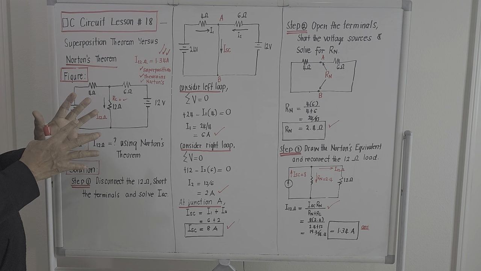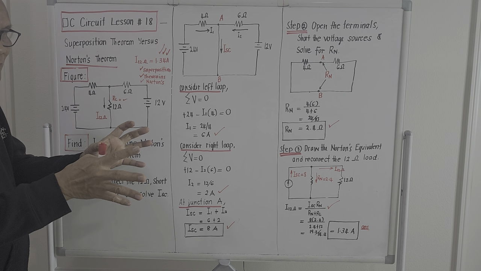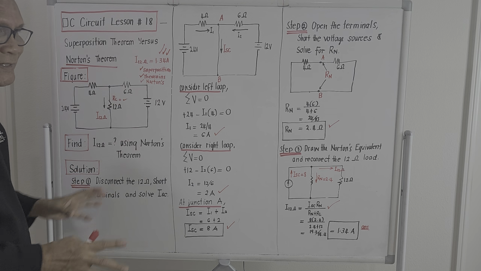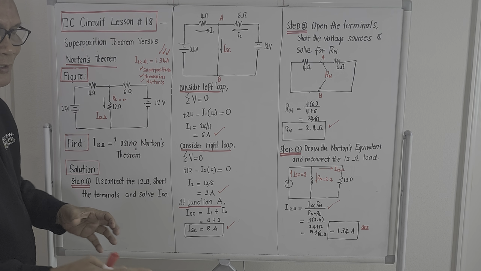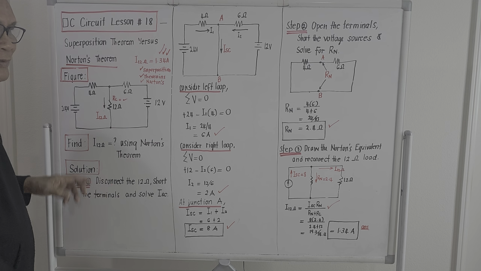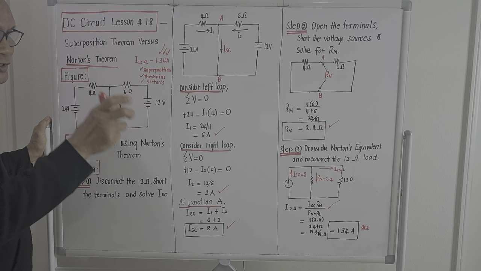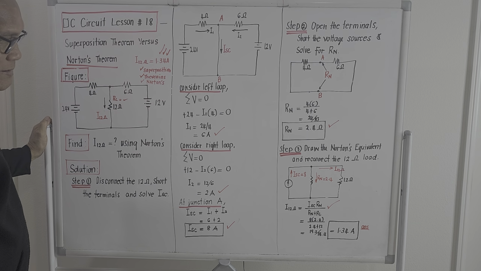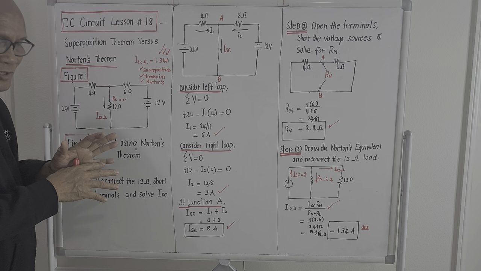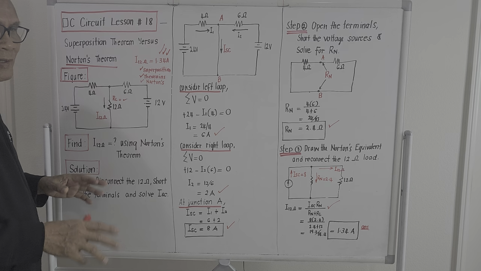In the previous concept of Norton's, we were just solving a current when the voltage source in the circuit is just one. But for tonight, it is a little bit complicated because we've got two voltage sources. That's why our original topic was superposition, and the superposition theorem is actually being used for circuits in which the voltage source is more than one.